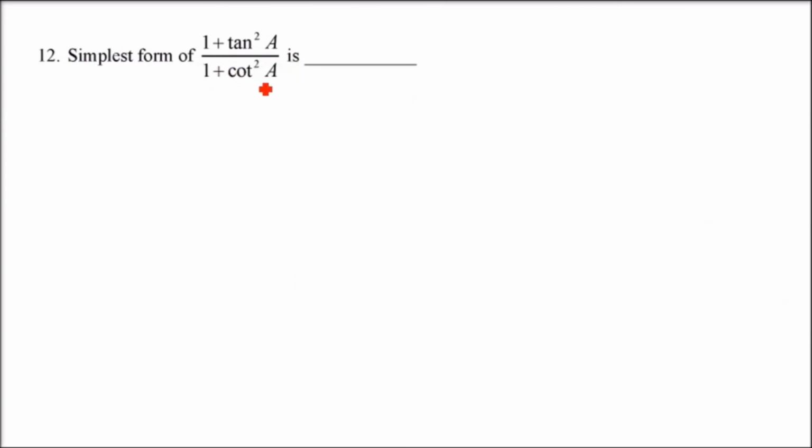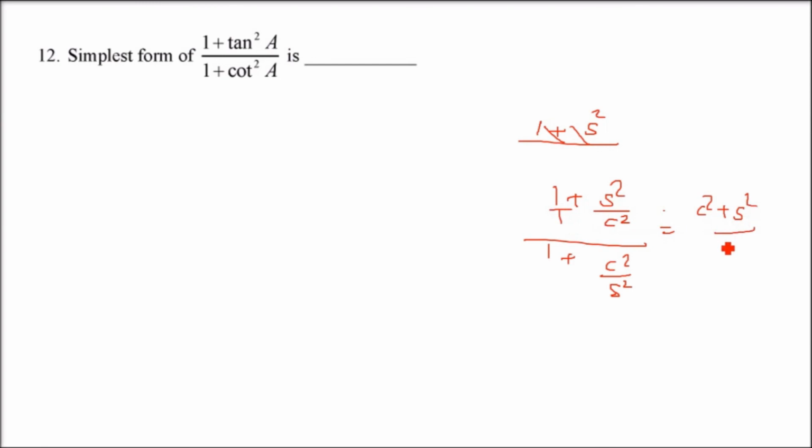The simplest form of (1 + tan² A)/(1 + cot² A). So 1 + tan² A, we can write as 1 + sin² A/cos² A, and in the denominator we have 1 + cos² A/sin² A. So this will be (cos² A + sin² A)/cos² A, and in the denominator (sin² A + cos² A)/sin² A. And we know that sin² θ + cos² θ = 1, or sin² A + cos² A = 1.